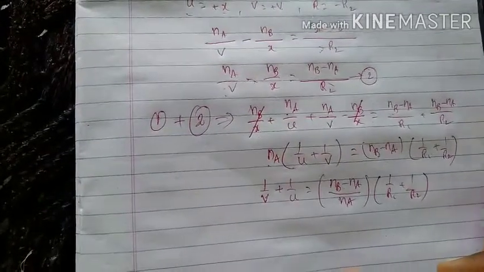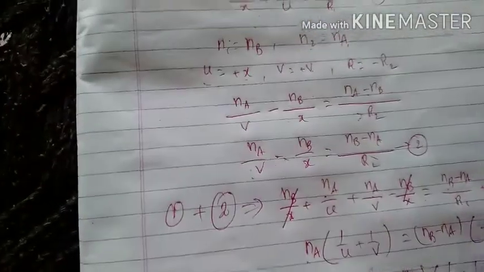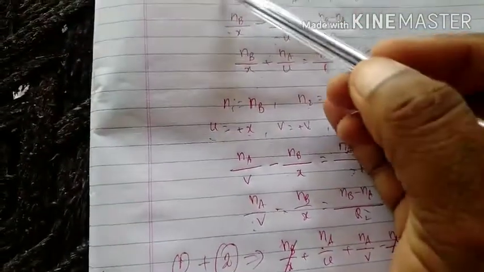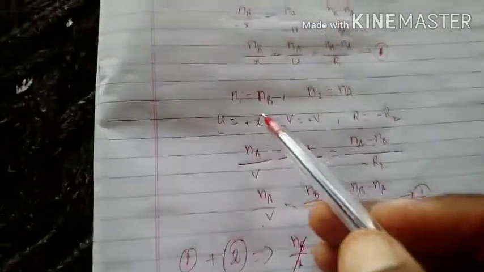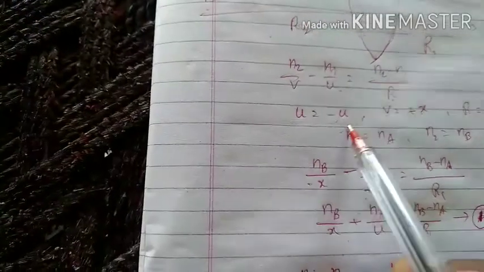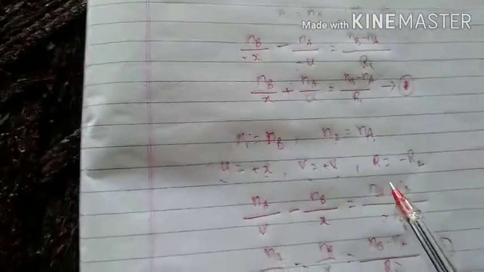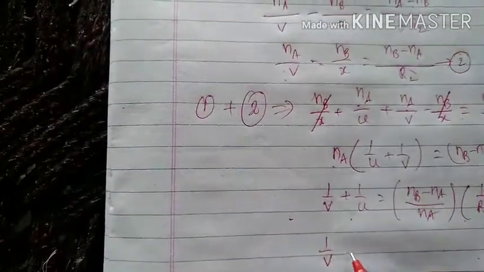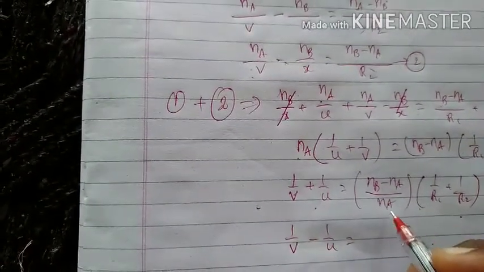Now verifying sign convention rules once again. From what we have already written, V, U, R1, R2, let us check what they are. Here we checked: V positive, U negative, R1 positive, and R2 negative. Taking that, 1 by V positive, U is negative, NB minus NA by NA.